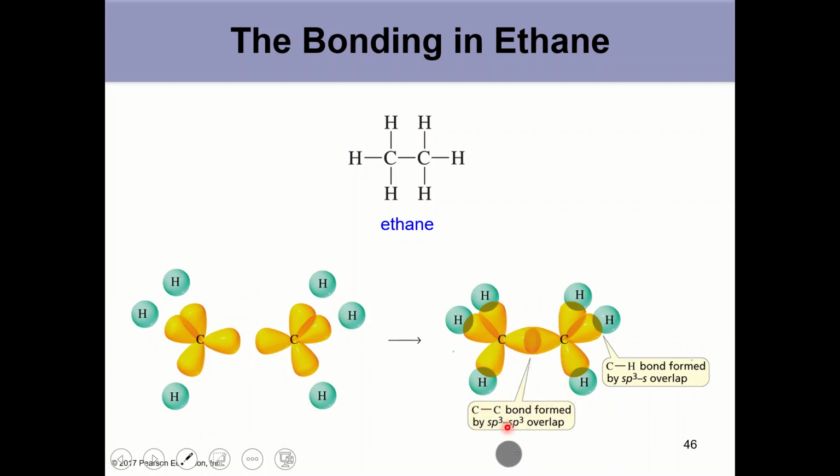And this is overlap from the large lobe of the 2 sp3 orbitals bonded to carbon. I want you to notice that they're not showing the small lobe of these sp3 orbitals. We omit those lobes when we draw structures and the orbitals that are forming the bonds.